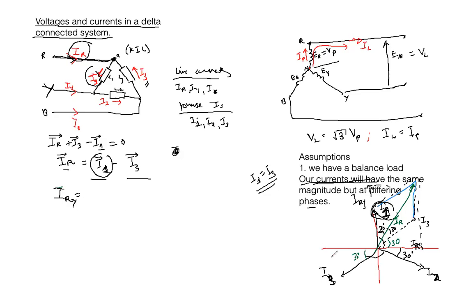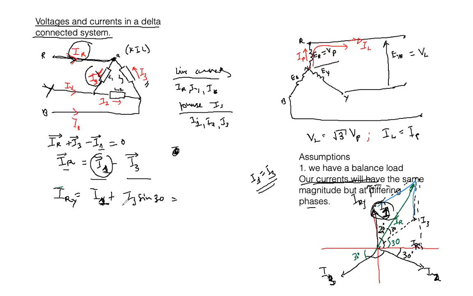IRY will be equal to I1, which is already in the Y. These are now magnitudes, scalars. Then plus I3 sine 30, since I3 also goes onto the Y. So you must add that one too.